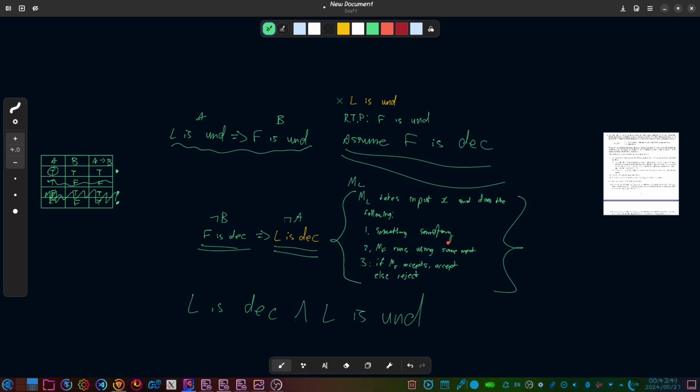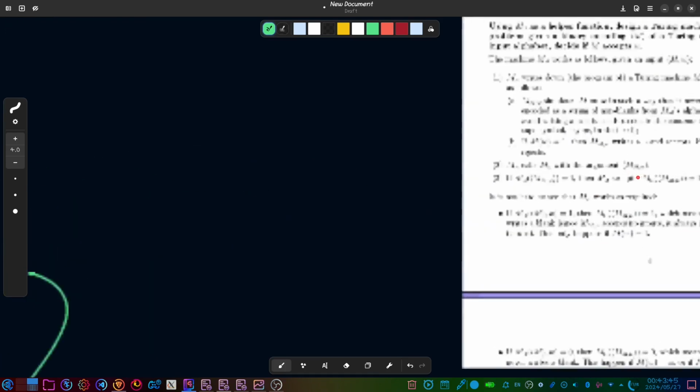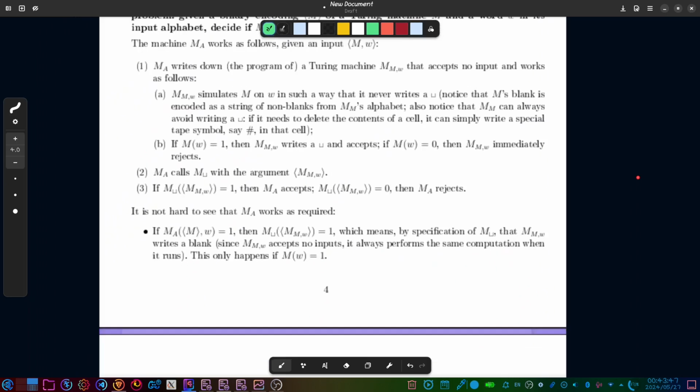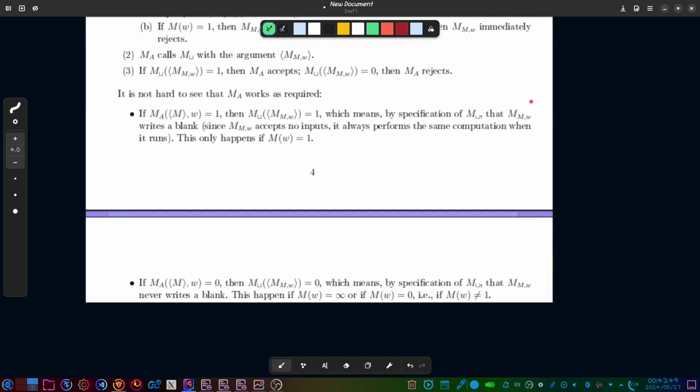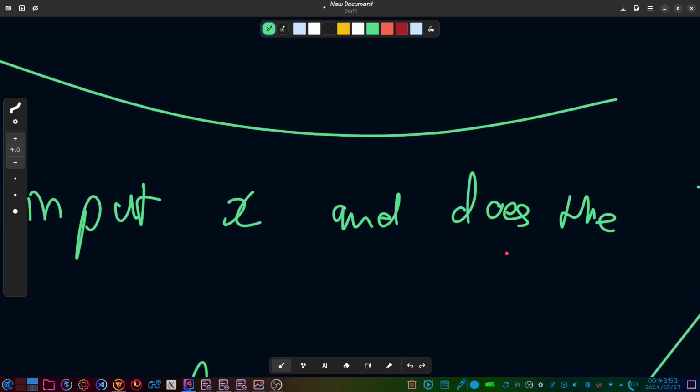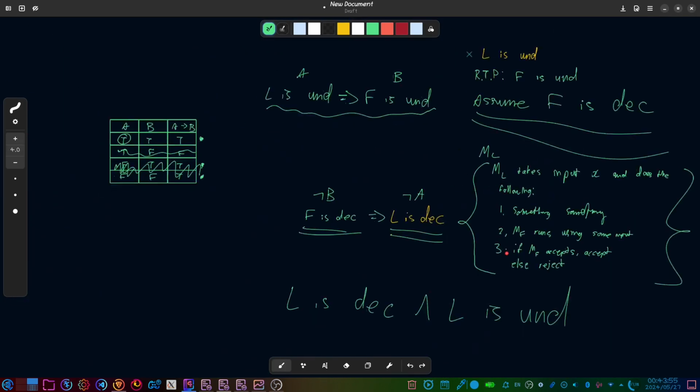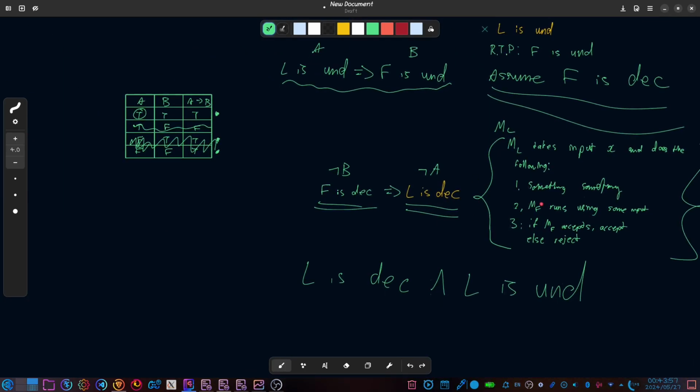I'm going to dive into this example later, but it's this part that was 5 marks. I was only doing this because I feel like this is the most important part.